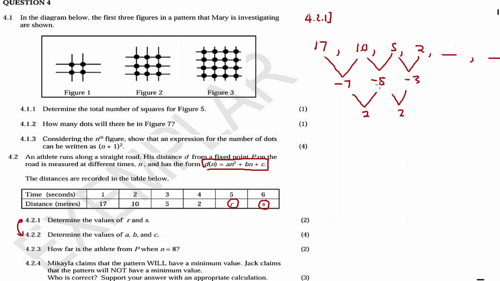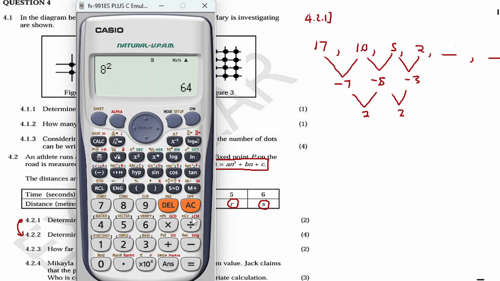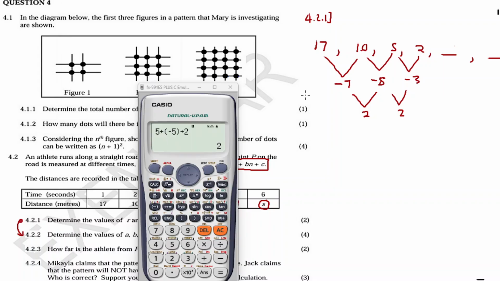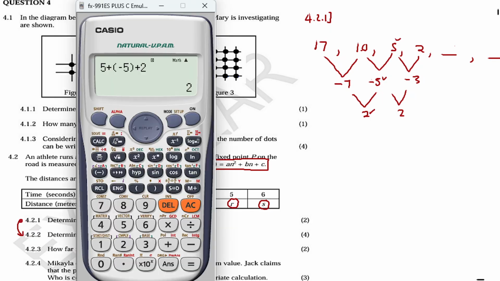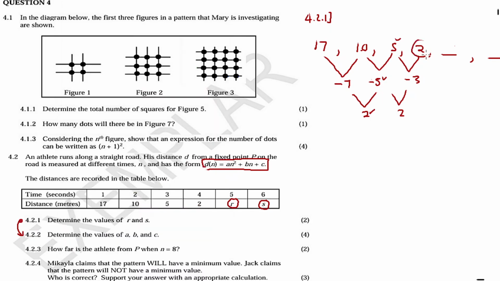Look, negative 2 plus negative 5 plus 5, let me fix this quickly. It's not 8 plus negative 5 plus 2. We have minus 5 here. Taking this 5, this minus 5 and this 2, when I add them they give me 2, which is the next term.